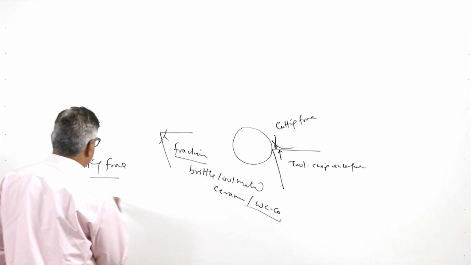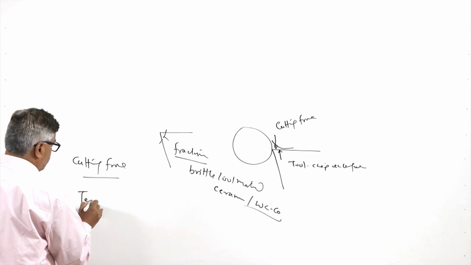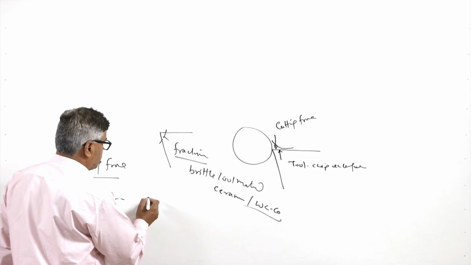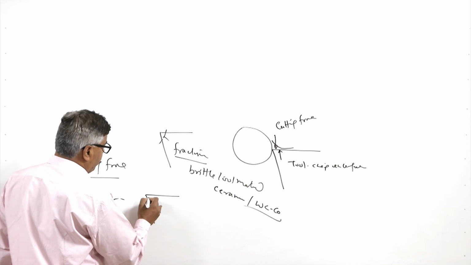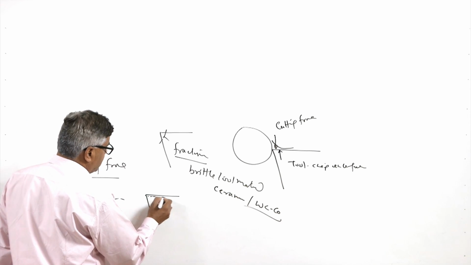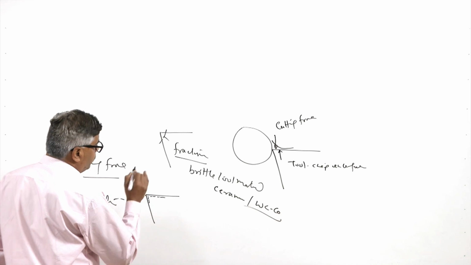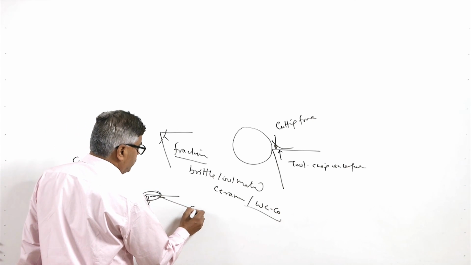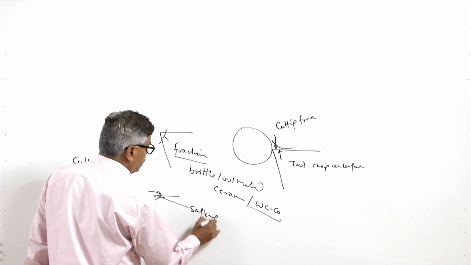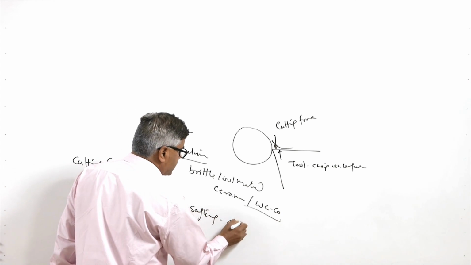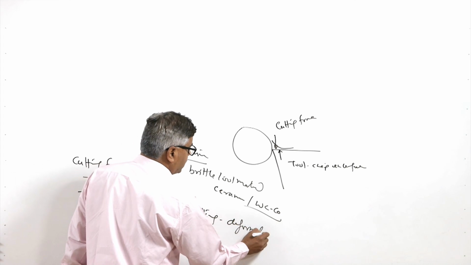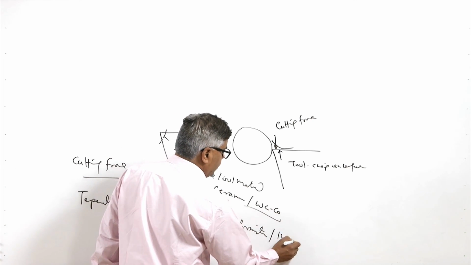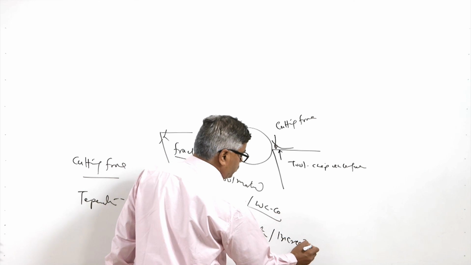On the other hand, if the rise in temperature of the cutting tool is too high, it leads to softening of the cutting edge as well as accelerated wear mechanisms. So, softening is the main issue due to the rise in temperature of the tool. This softening causes deformation of the cutting edge as well as increased wear of the tool.